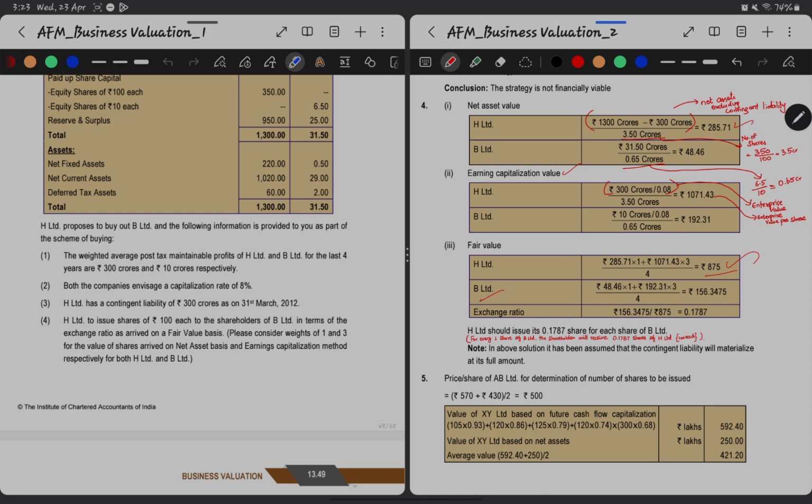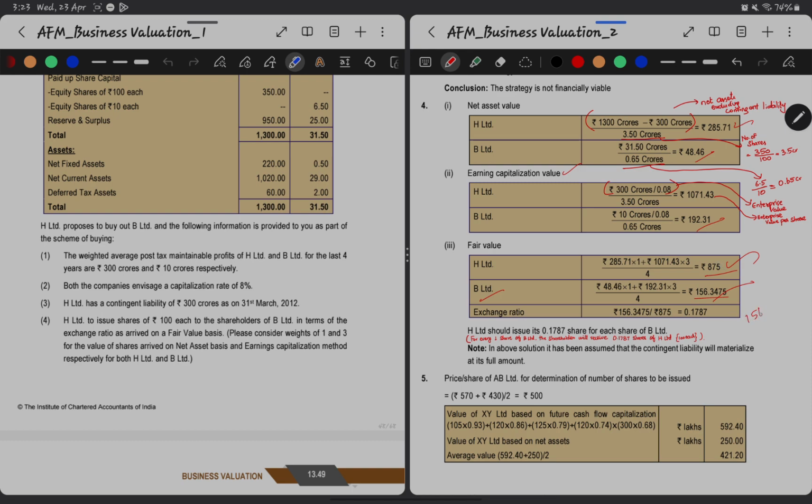And then for B Limited, 48.46 multiplied by 1 plus 192.31 multiplied by 3, divided by 4. This is the weighted average per share fair value of B Limited, 156.3475. Now to acquire this 156.3475, H Limited's value is 875.